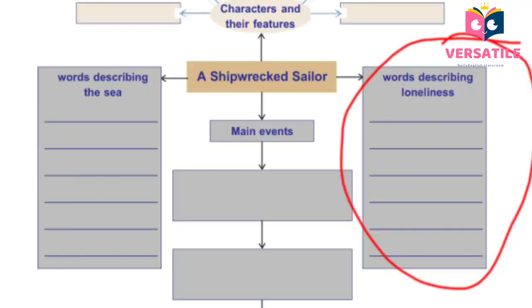And on the right side, we have words describing loneliness. Do you remember the story of Velasco, how he was thrown into the ocean and how he was not able to help any of his friends, and how all his friends died helplessly in front of him, and how he spent a long time in the sea waiting for some help?